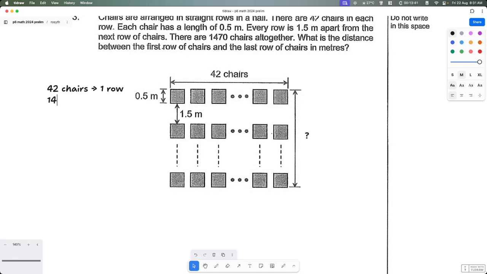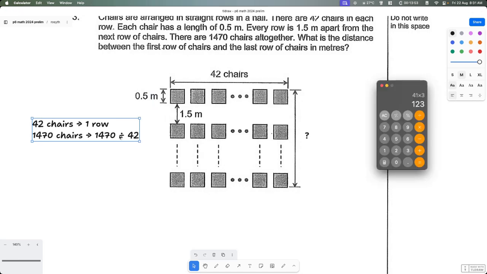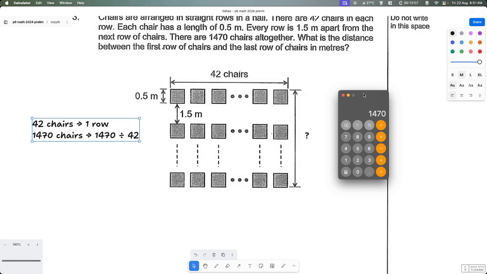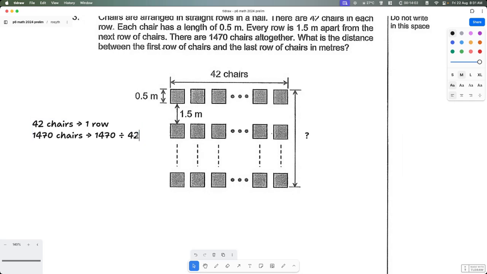So 1470 chairs is equal to how many rows? It's just 1470 divided by 42. Let's use our calculator. 1470 divided by 42 gives us 35 rows.